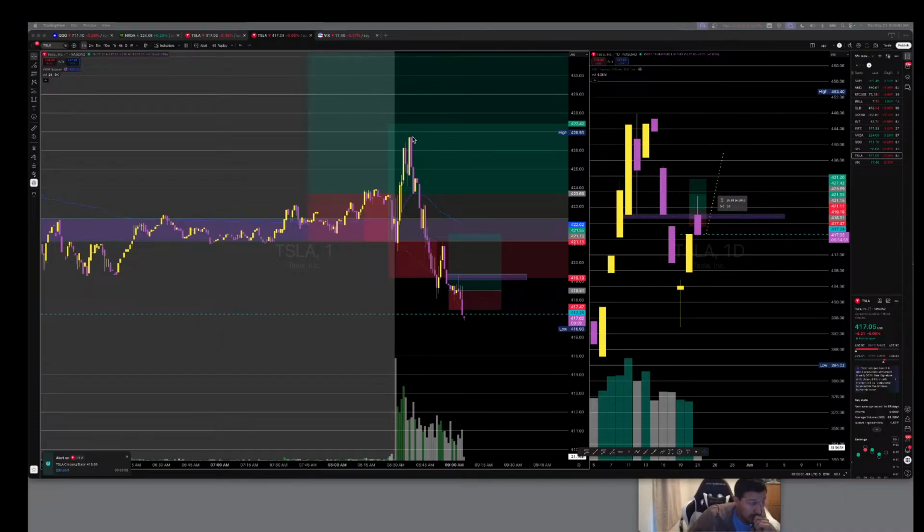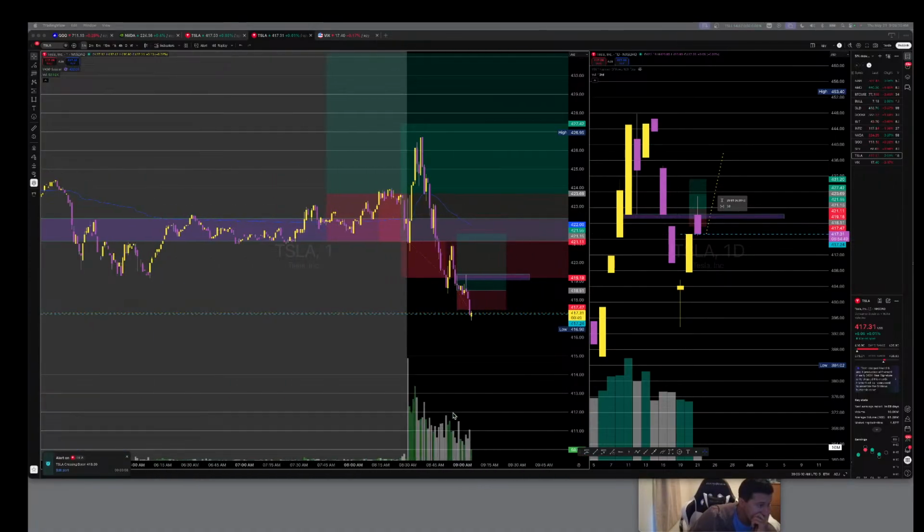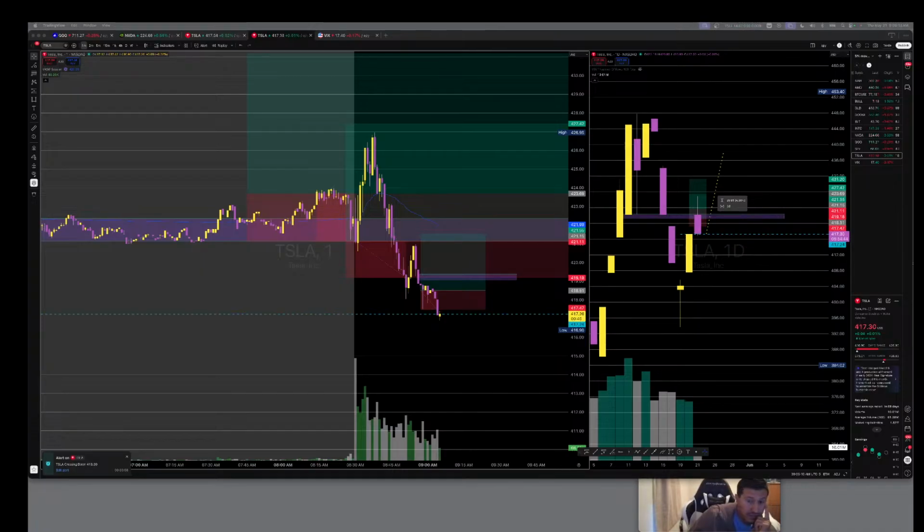Should have taken profit up here. Ugh. Now we're at the 0% line. Alright, green is above. Take off.